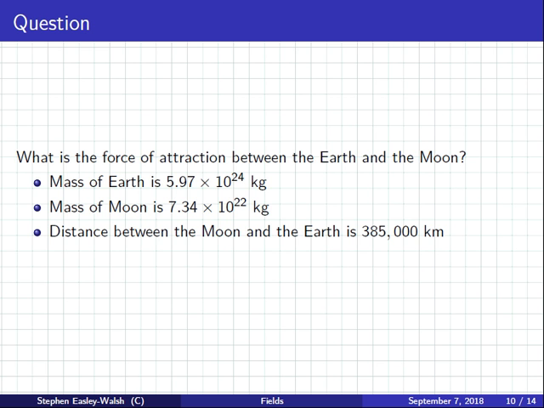You're right. It's 1.97 times 10 to the 20? Why is my answer 1.95? I don't know.